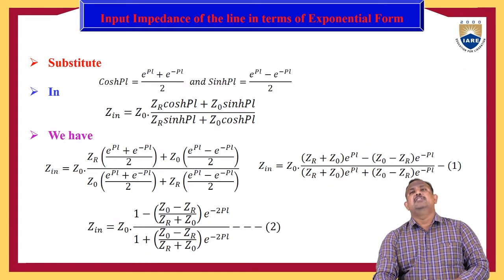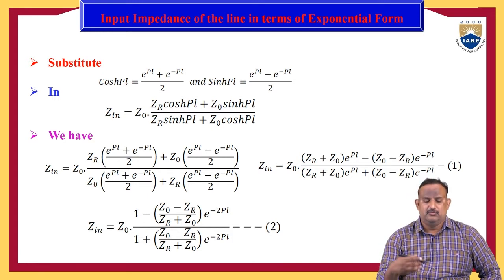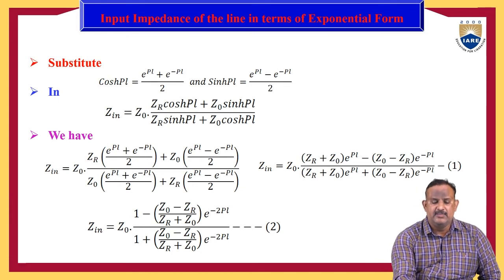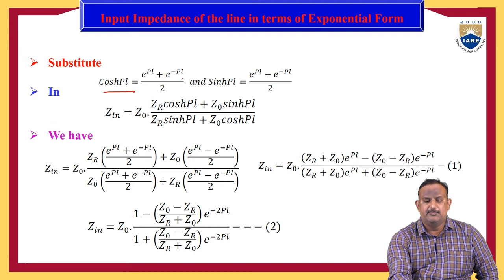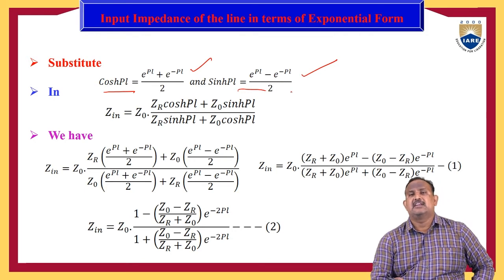We can also find the impedances of a transmission line in terms of exponential form. To do this, we substitute cos HPL equal to e power PL plus e power minus PL by 2, and sin HPL equal to e power PL minus e power minus PL by 2 in the transmission line equation.